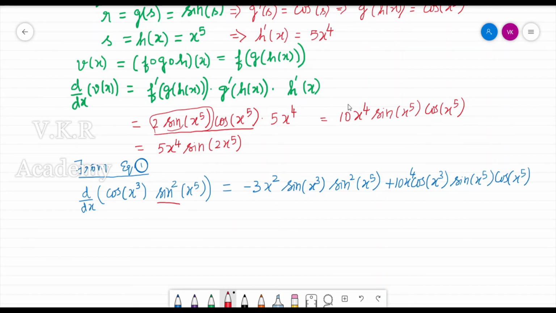Next, differentiating sine, we get cos, the same argument x power 5, and differentiating x power 5, we get 5x power 4. We should be able to do this calculation directly without going through these steps. We have made these steps for better understanding. In the next lecture, we will continue with the 7th problem.